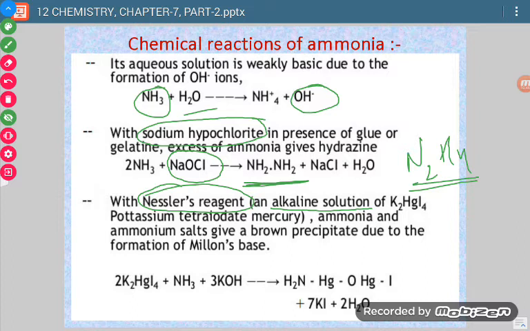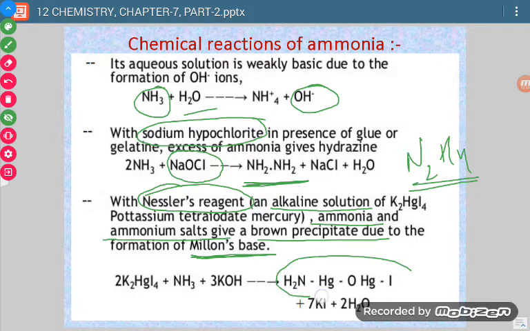Okay. Now when we react ammonia or ammonium salts with Nessler's reagent, whether we use ammonia or ammonium salts, they will give brown precipitates. Why brown precipitates? Those brown precipitates are Millon's base. They are termed as Millon's base.